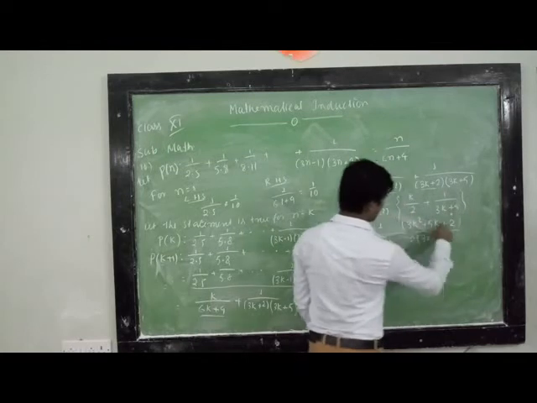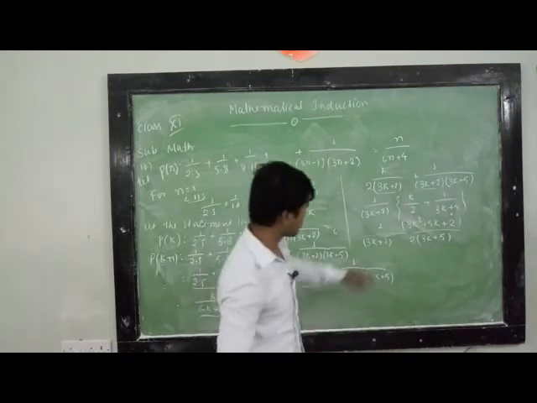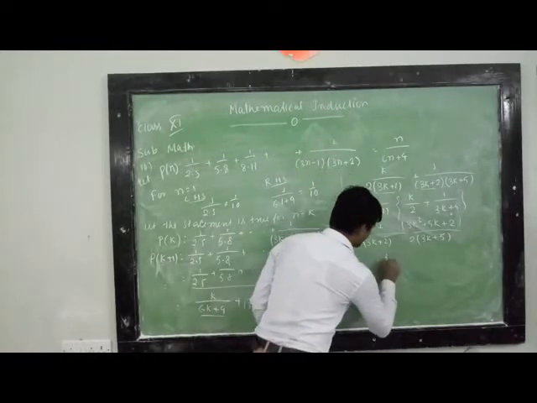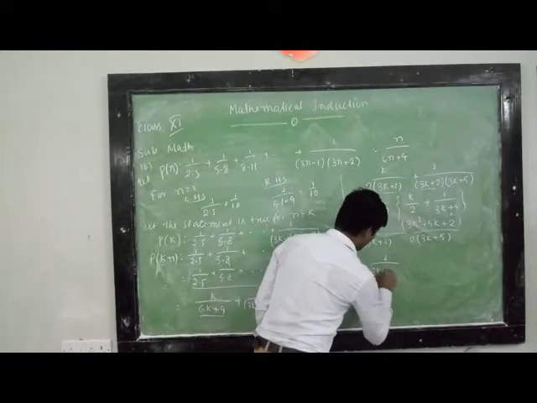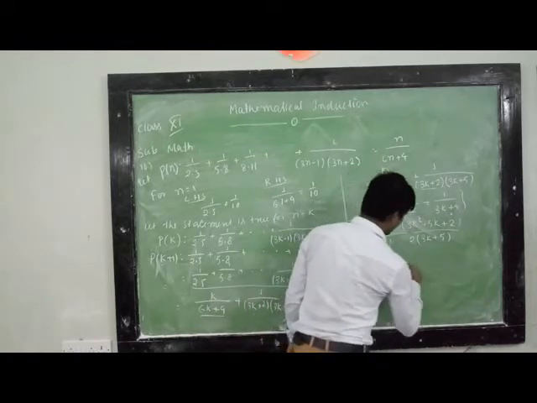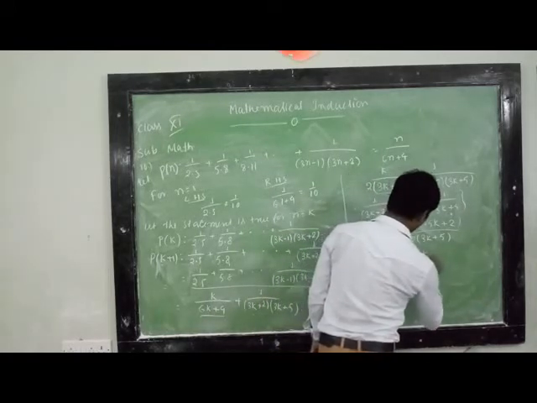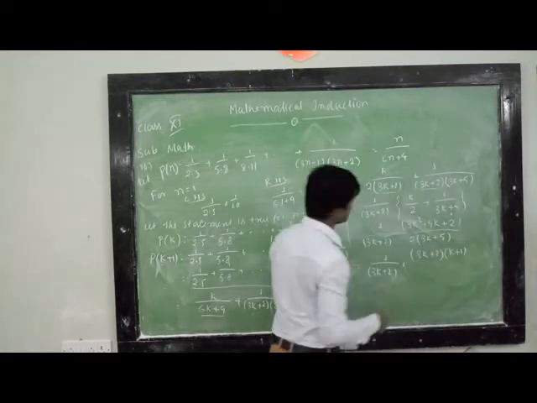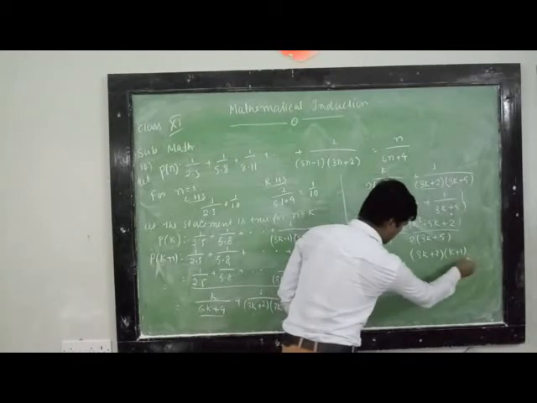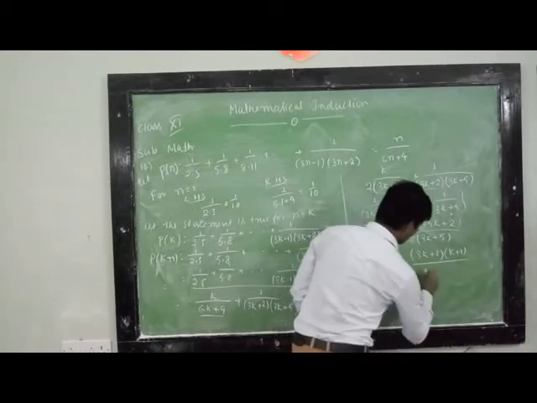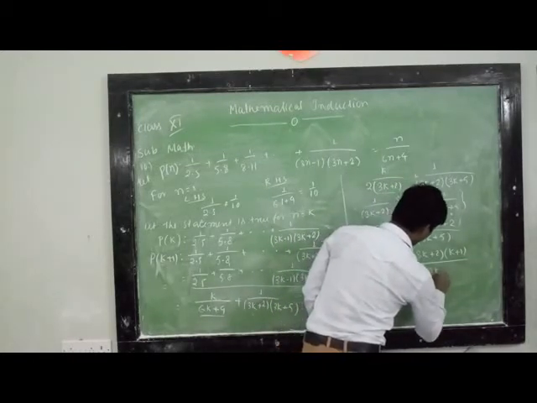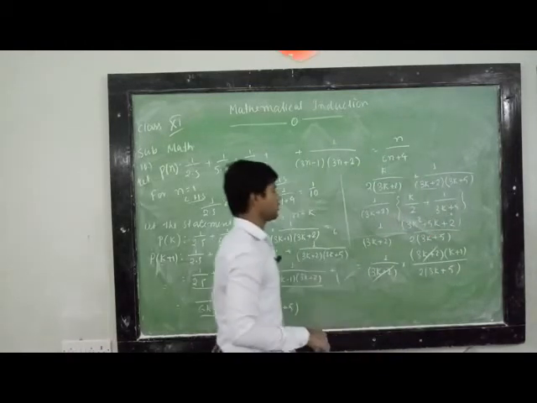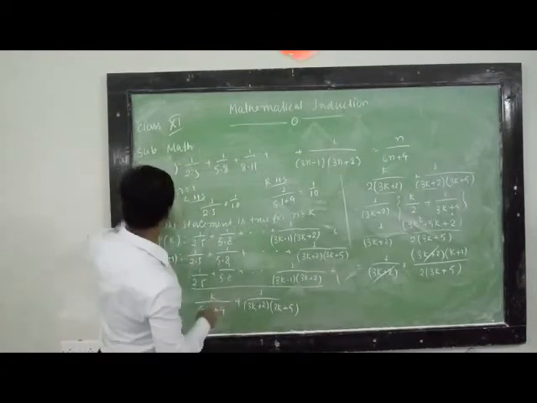Now if I factorize this expression, 3k square plus 5k plus 2, it will be equal to 1 by (3k plus 2) into (3k plus 2) into (k plus 1). If we factorize this expression, you have this (3k plus 2) into (3k plus 1) over 2 into (3k plus 5). Now look, this (3k plus 2) and this (3k plus 2) will cancel each other.